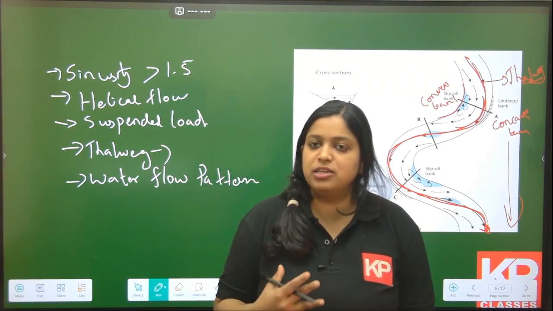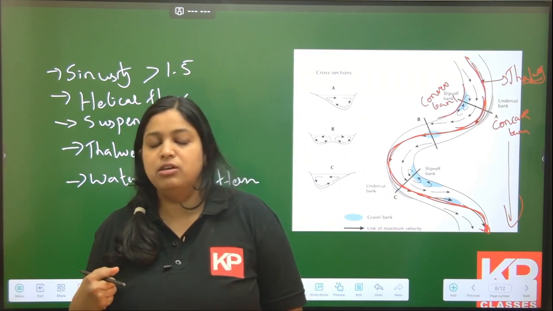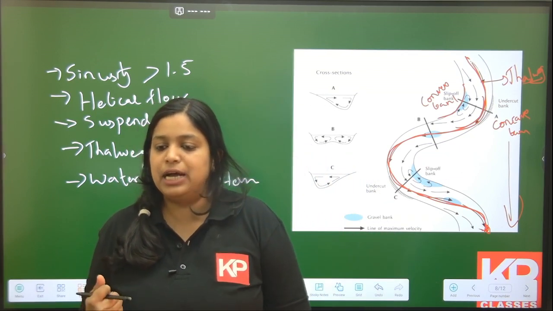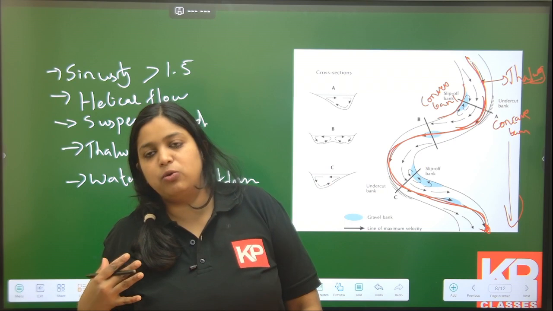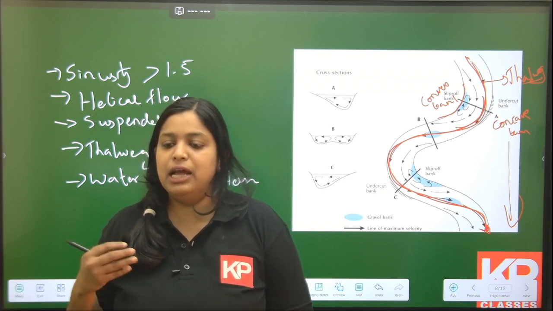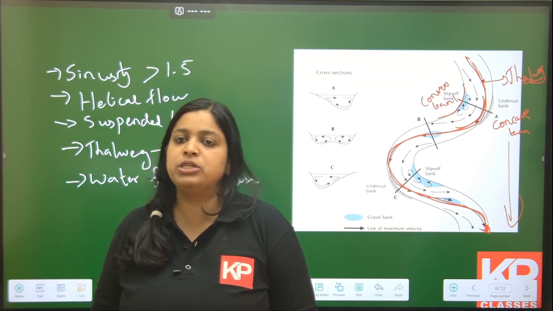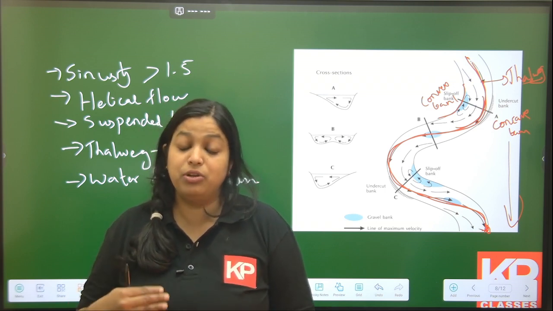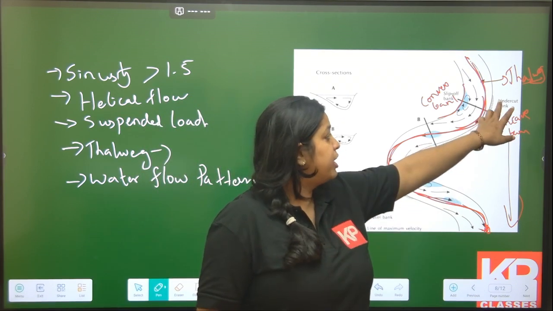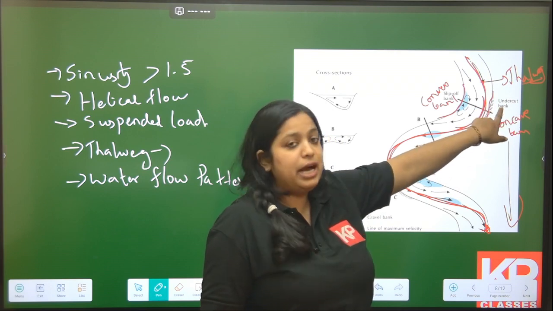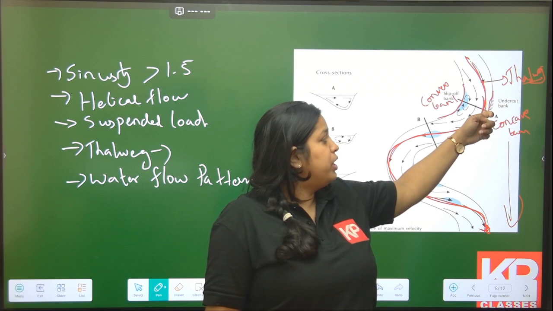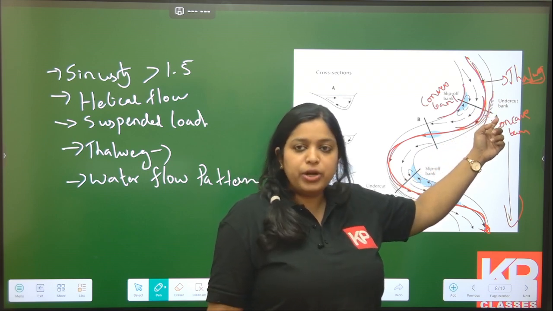As I said, the water is pulled towards the concave bank because of the centrifugal force. Hence, the flow velocity will be much higher in the concave bank, and this causes more erosion and downcutting along the concave bank. If the concave bank has more erosion and downcutting, the deepest portion will also be at the concave bank.